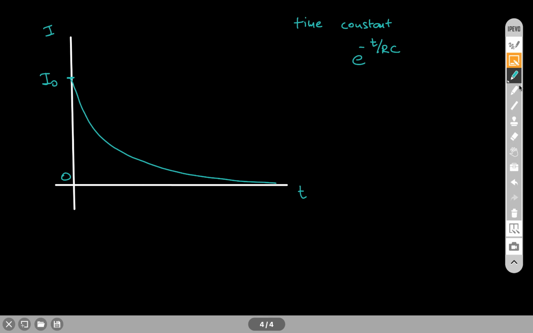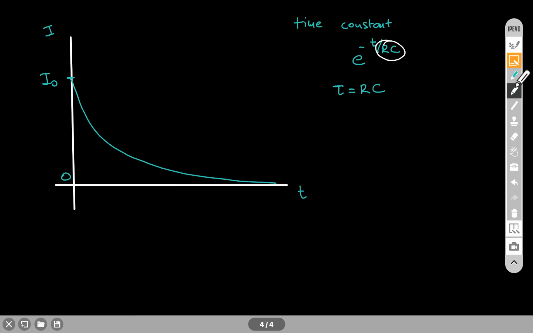Because we often see this product, RC, we define it with the Greek letter tau. We define this time constant tau to be RC, the product of the resistance and the capacitance that we have in the circuit.